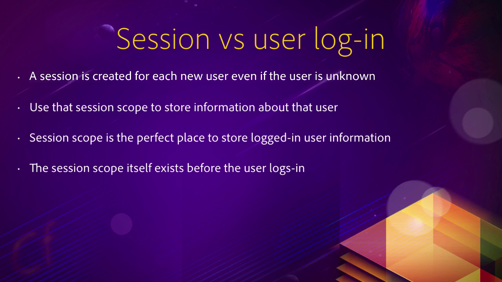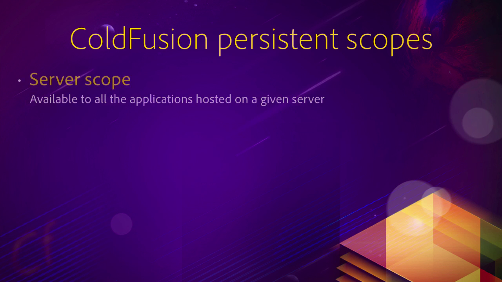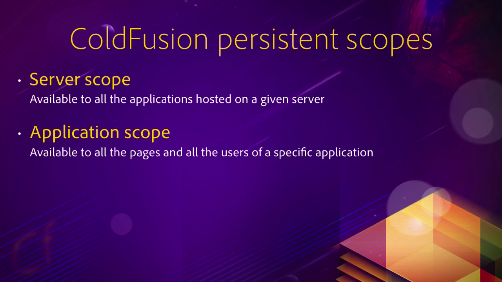Now let's make a quick summary of the ColdFusion persistent scopes. A persistent scope is a scope whose data is maintained across requests. ColdFusion has three main persistent scopes. The first one is the server scope, and the server scope is where data relevant to the whole server is stored. This data is available to every page of every application hosted on that server. The application scope is specific to one particular application.